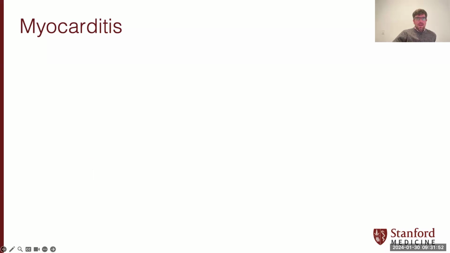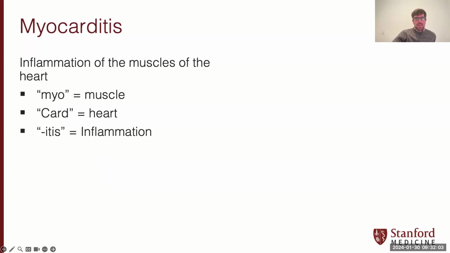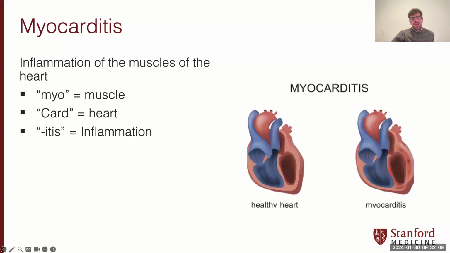This is inflammation of the heart muscle. Myo is muscle, card is heart, itis is inflammation. All told, that's inflammation of the muscles of the heart. There are many types of carditis: you can have pericarditis, you can have myocarditis. And that does give you a different differential when it's in the muscle versus in the region surrounding the muscle.